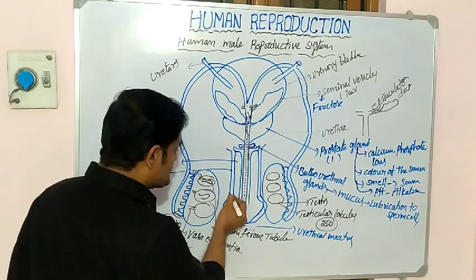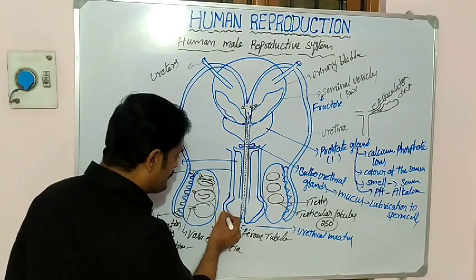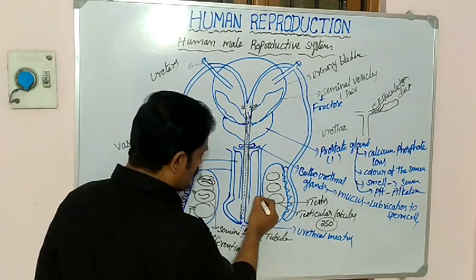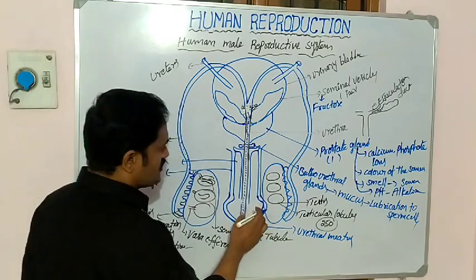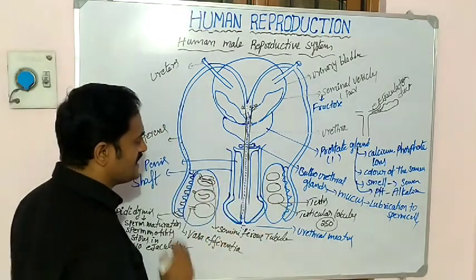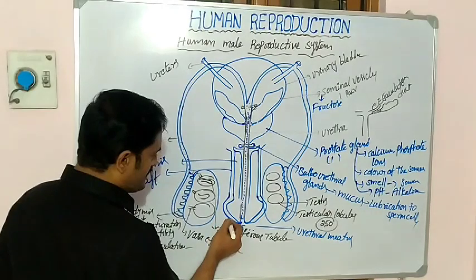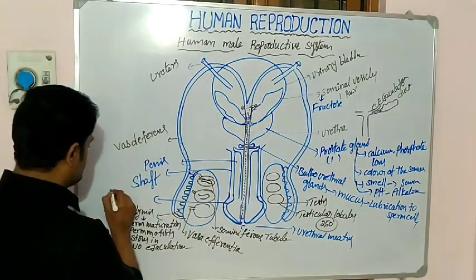After that, the skin is not attached to the remaining part. So the skin is loosely arranged here. This portion is called the glans penis.